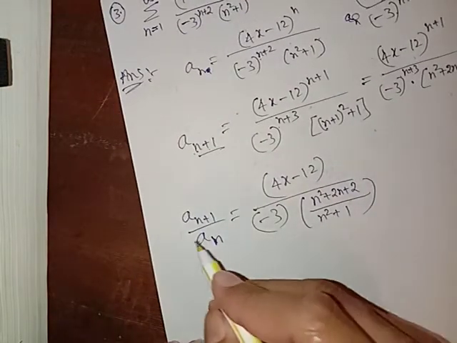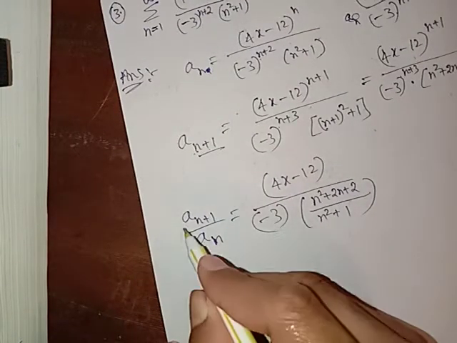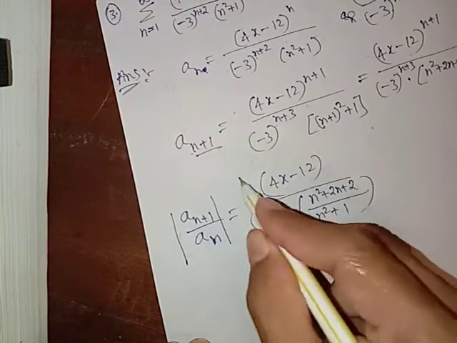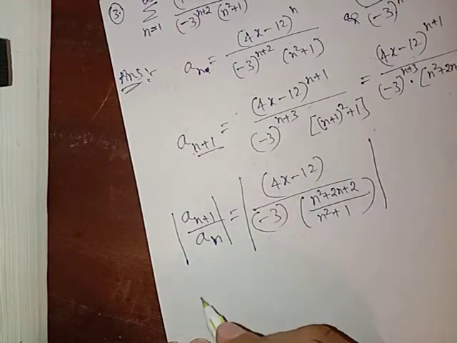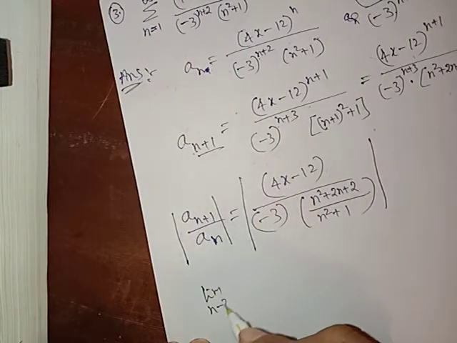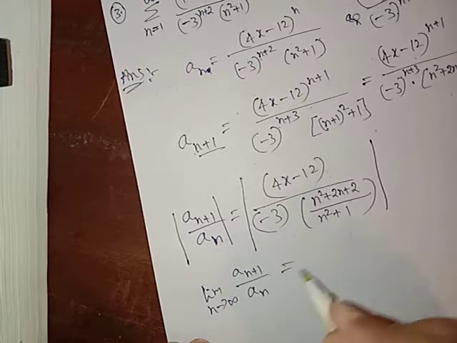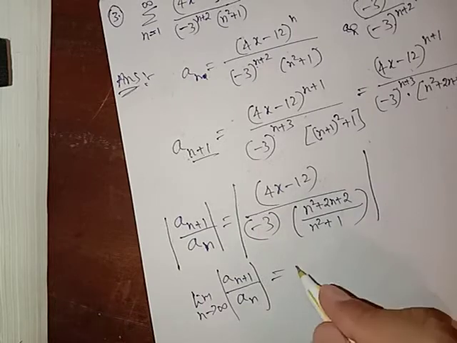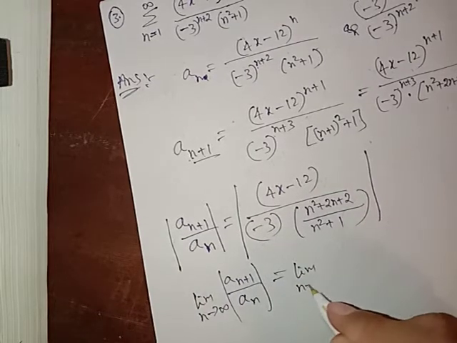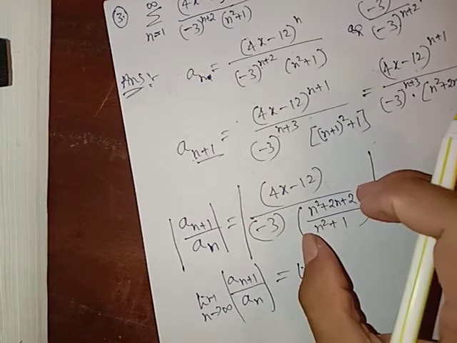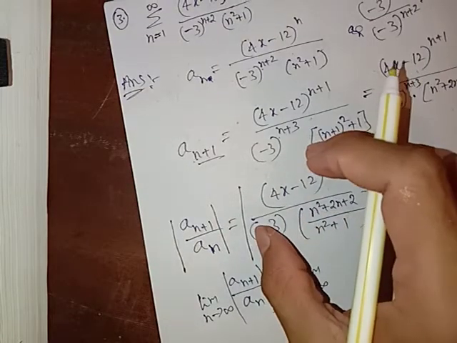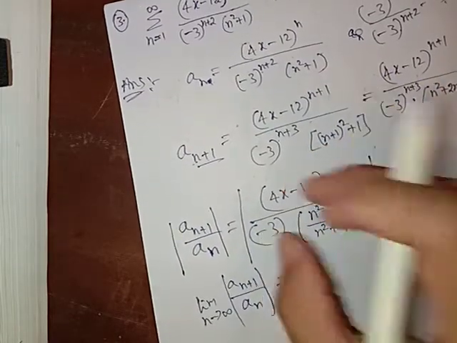Now we can take the modulus here. Limit n tends to infinity of a_(n+1) divided by a_n is equal to the limit n tends to infinity. Here n is the variable in this one and this is some other.